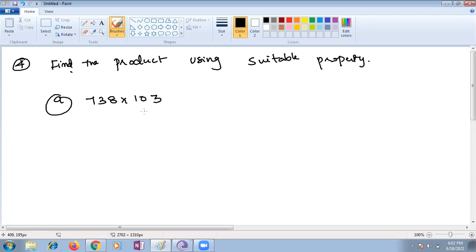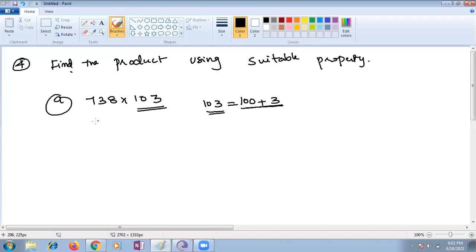If you find it like that, instead of 103, you can write 100 plus 3. We are writing 100 plus 3 to make our calculations simpler, and we can use our distributive property also.